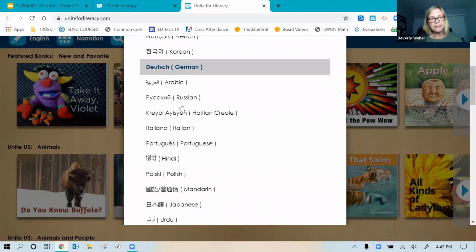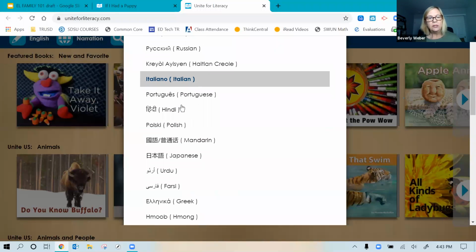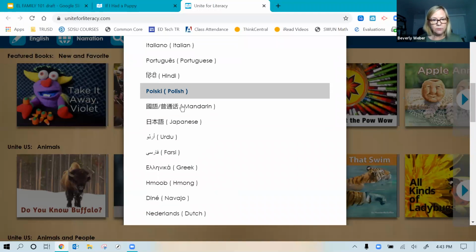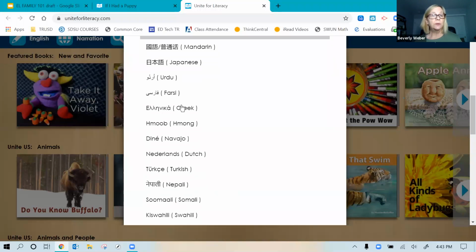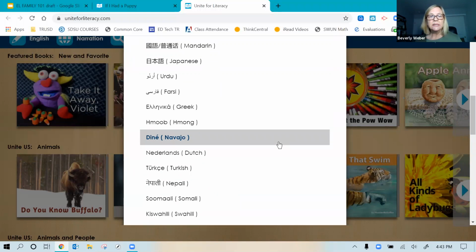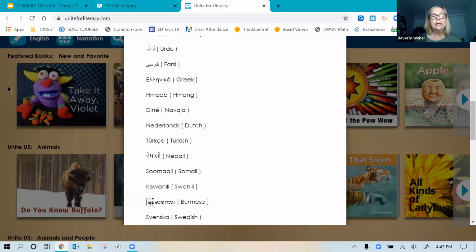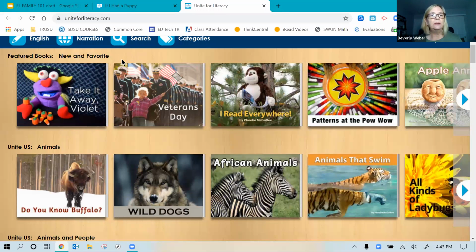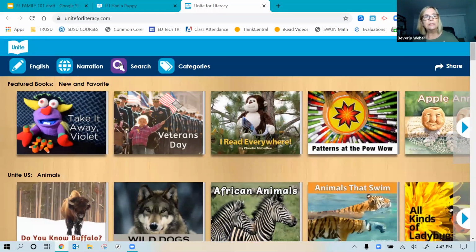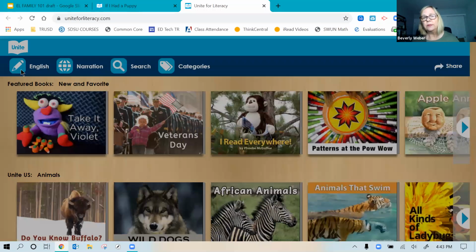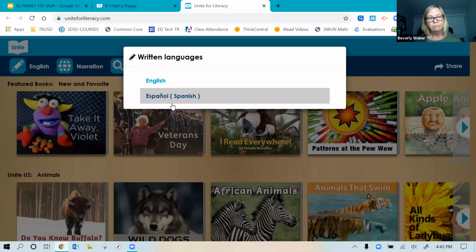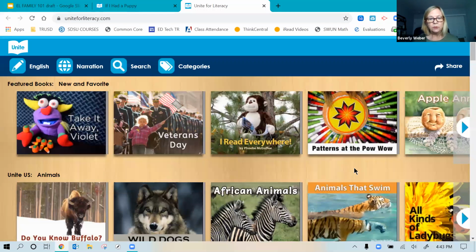And Ms. Ureli is scrolling through, and you'll see there are many languages that you can choose from. In addition to hearing the story in those languages, you can also read all of the stories in both English and in Spanish. Now, the other exciting thing about Unite for Literacy is that each of the stories is organized by what kind of book it is.